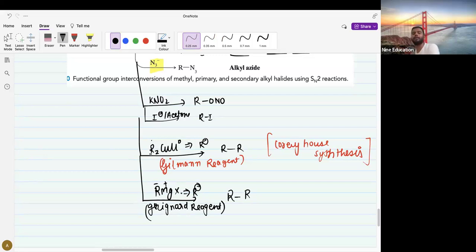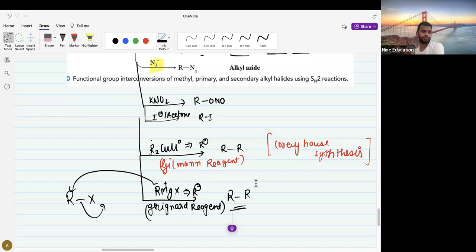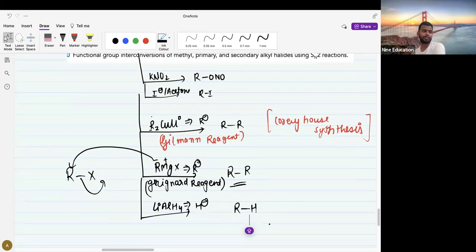This R minus will go and attack on the R, and X minus will be removed. So the product will be RR. Simple it is. There is a huge list. Lithium aluminium hydride: here the nucleophile is hydrogen, you will get RH.